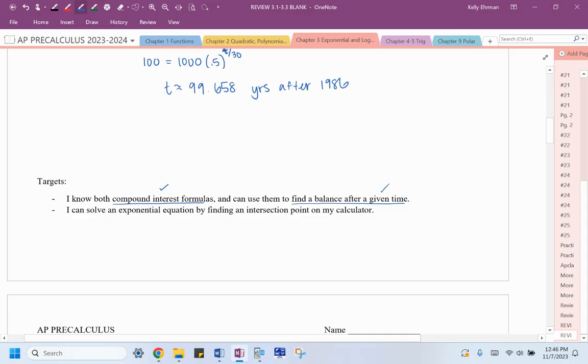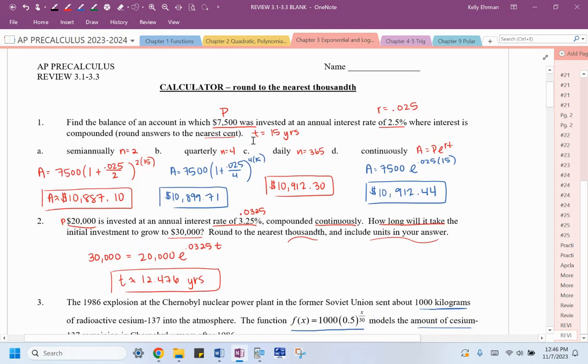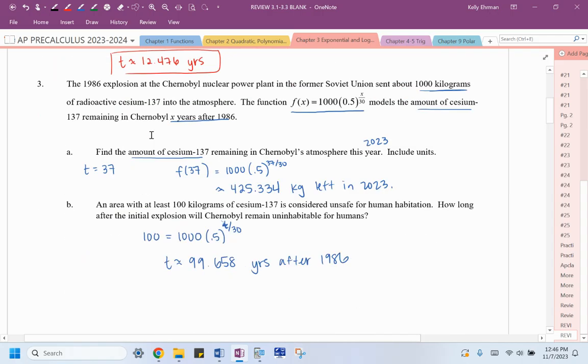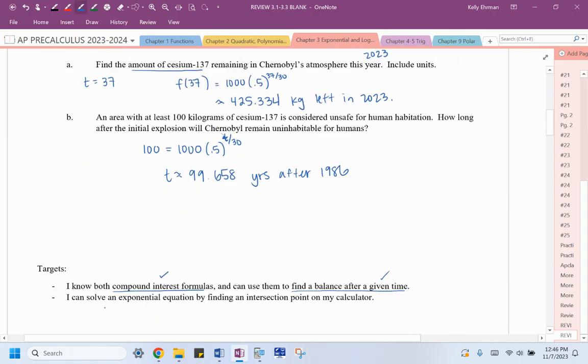Okay, so hopefully that answer is yes. That's basically, could you do more problems like number 1? And then the second question is, I can solve an exponential equation by finding an intersection point on my calculator. That's basically, can you do questions 2 and 3? Right? So if you don't feel confident about those, make sure that you come into office hours or flex and ask me for some more practice on those.